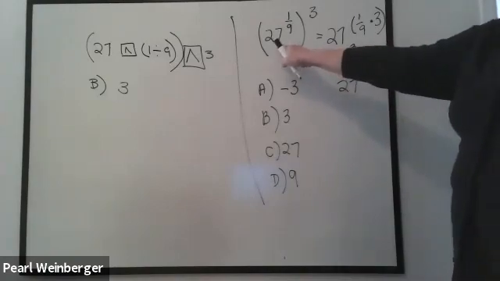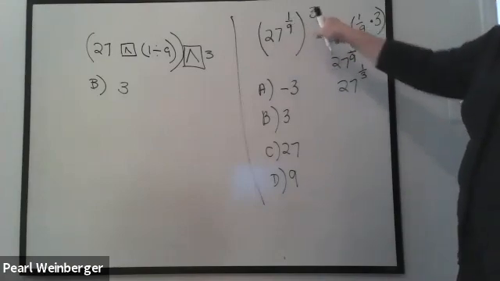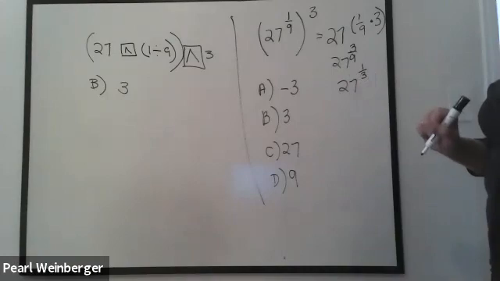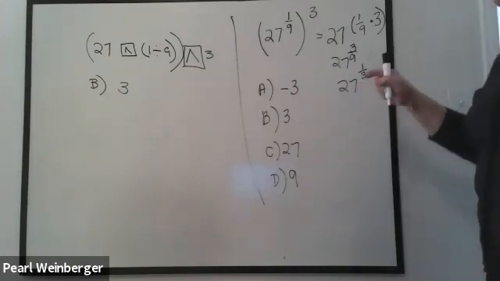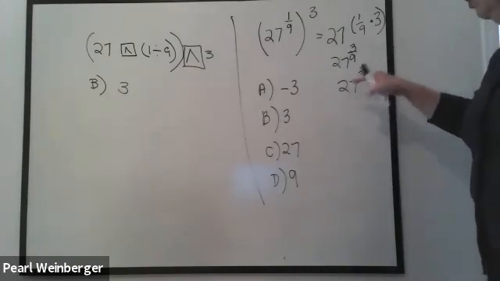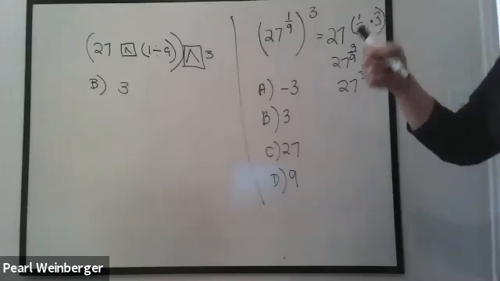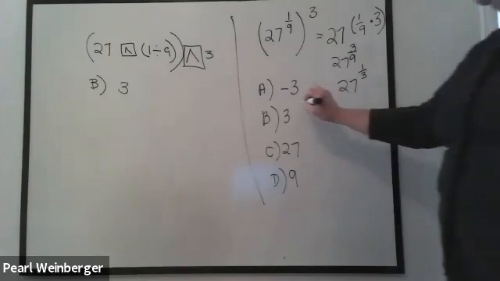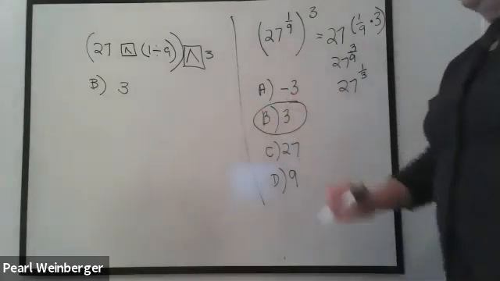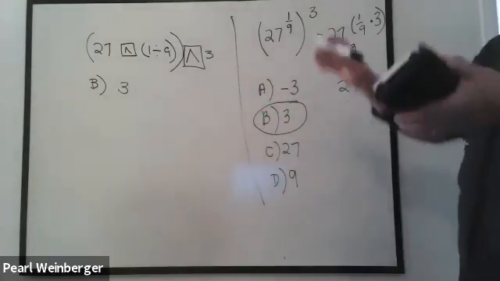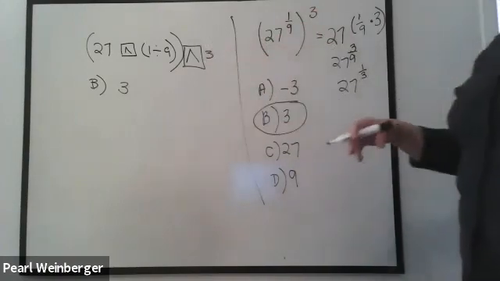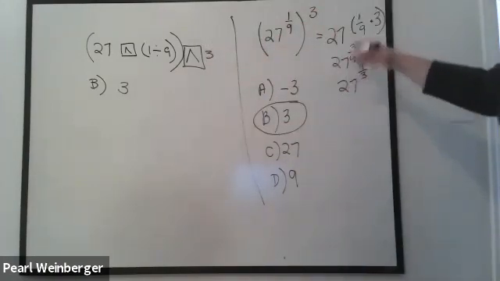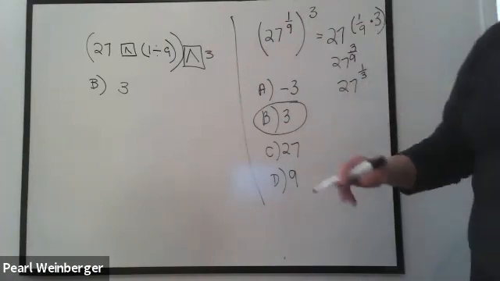So saying this 27 to the 1/9 to the 3rd power is the same as saying 27 to the 1/3 power. And that means take the cube root, the 3rd root of 27. What number times itself 3 times will give us 27? And that answer is 3. So again, I could either do it using my calculator, or I can do it in my head, but I come up with the same answer, choice B.